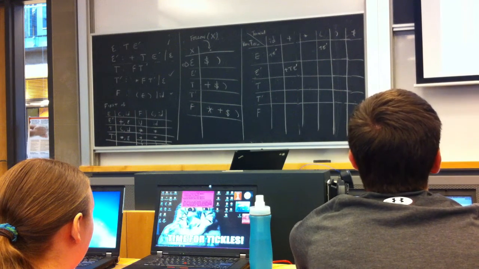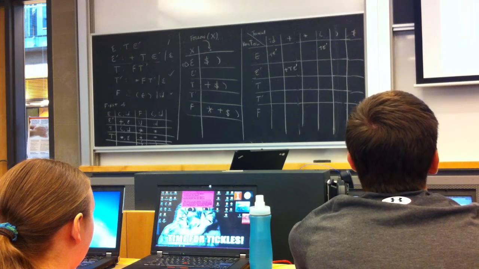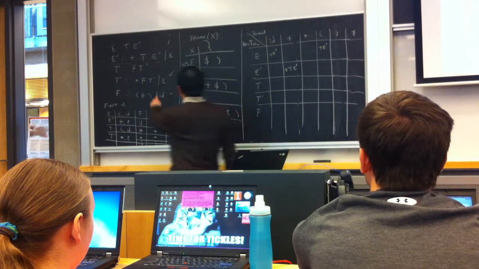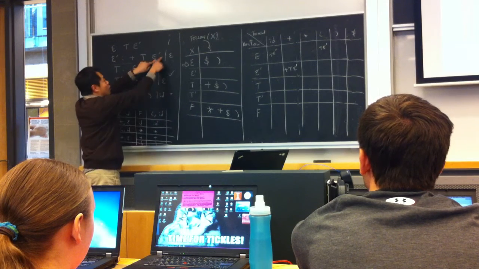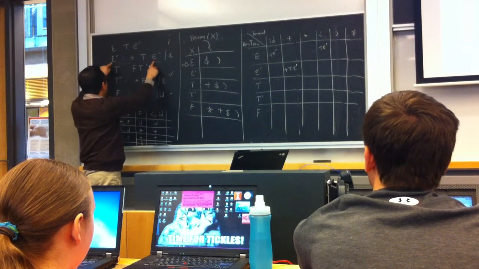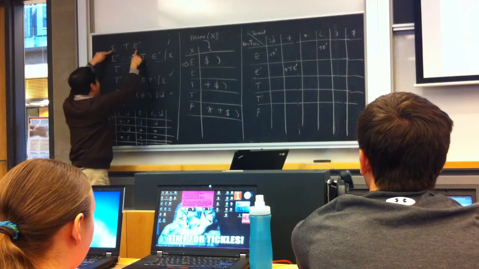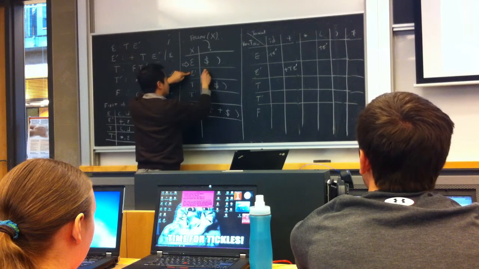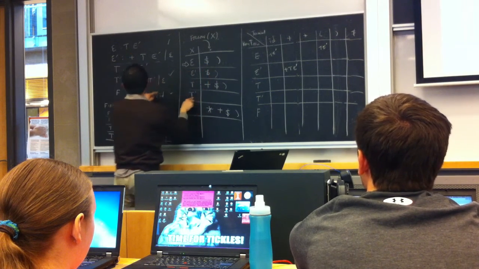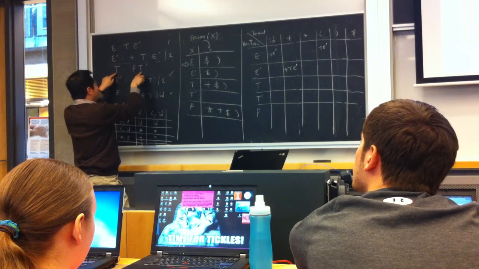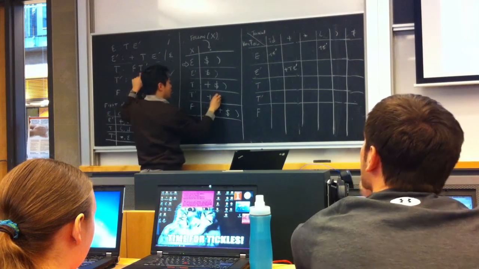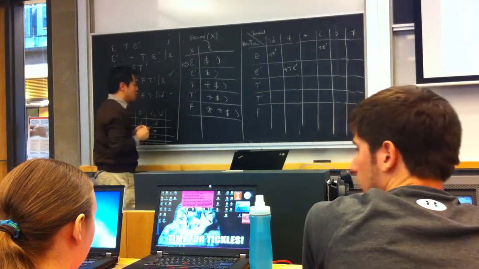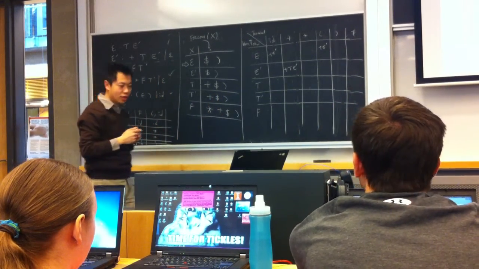If it so happens that the tail portion can be the empty string, then you have to add the follow of the head to the symbol. Because for this one, the tail of E prime is the empty string, therefore you have to add what can follow E to the follow of E prime. So you have to add these two to that. And then same with this one: you have to add the follow of T to the follow of T prime.